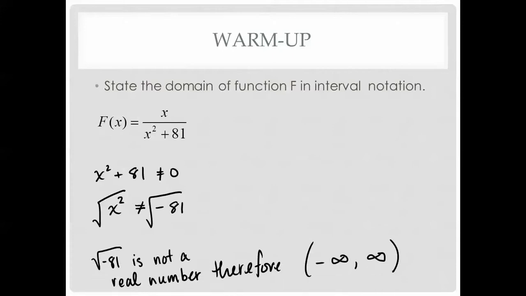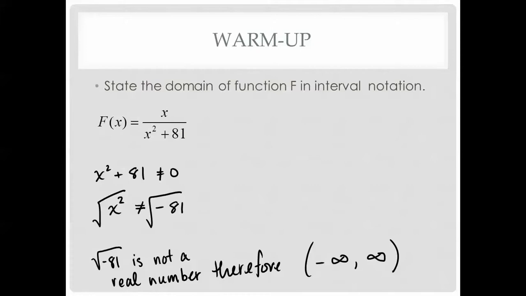When we square root both sides, if you try to do that in your calculator, square root of negative 81 or square root of any negative number, it's going to give you an error. And the reason for that is, think about it, there is no number that if you were to multiply it times itself would give you negative 81. Or in other words, no number times itself would ever give you a negative.